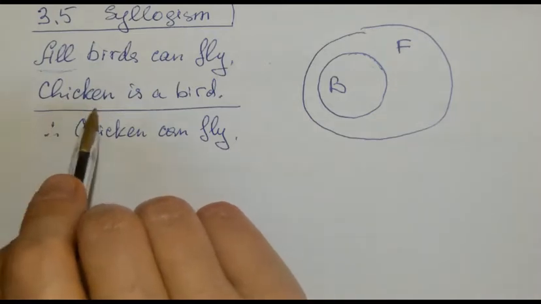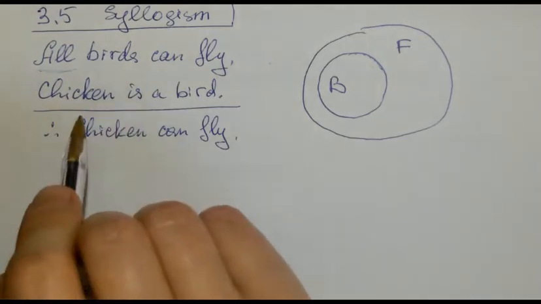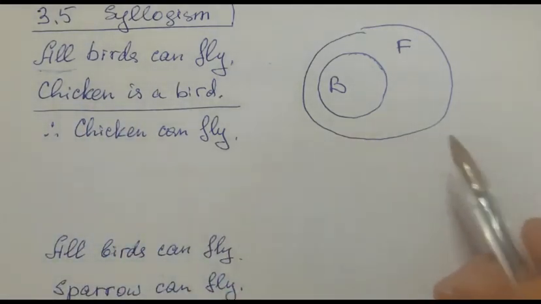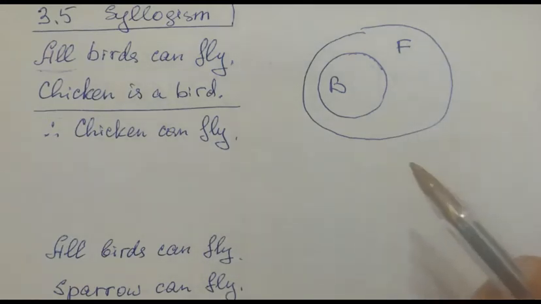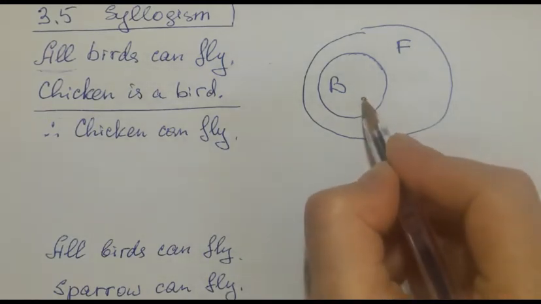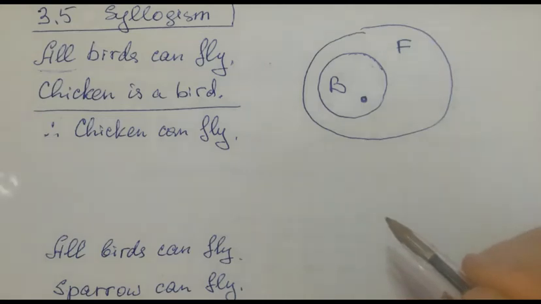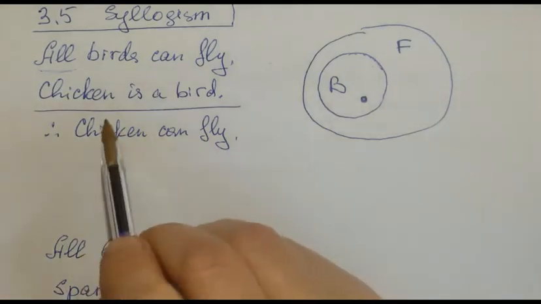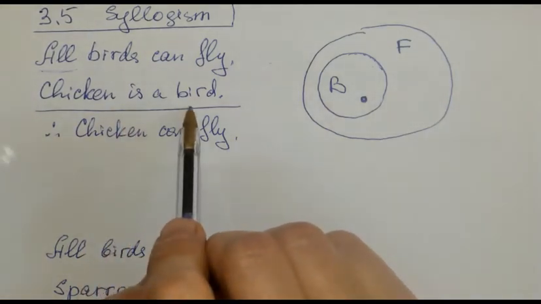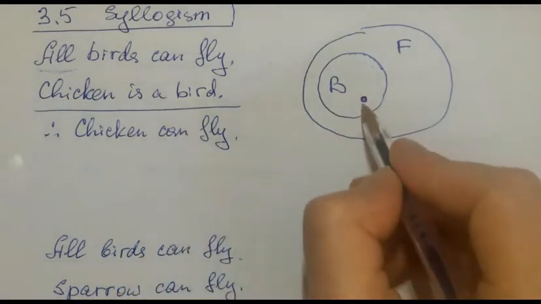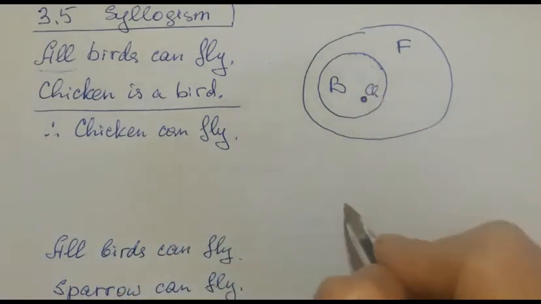Second premise, chicken is a bird. It means that one bird, just chicken, must be represented by a point. Is a bird means that this point must be inside the circle bird.